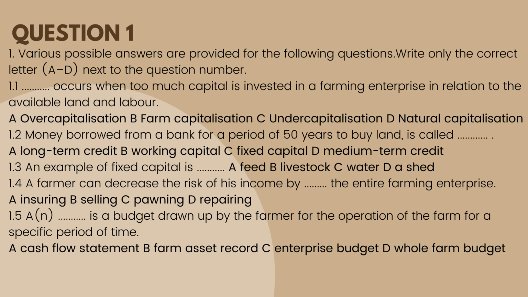Then 1.4, a farmer can decrease the risk of his income by dash dash the entire farming enterprise. Right. So the options we have there: A, insuring, B, selling, C, pawning, D, repairing.